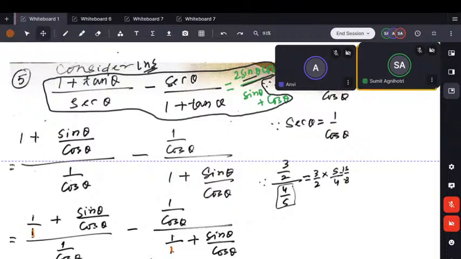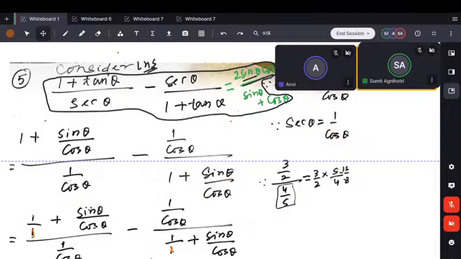That is the step we need to follow. Observe it carefully first. Now how to take LCM? The LCM of 1 and cos is cos.